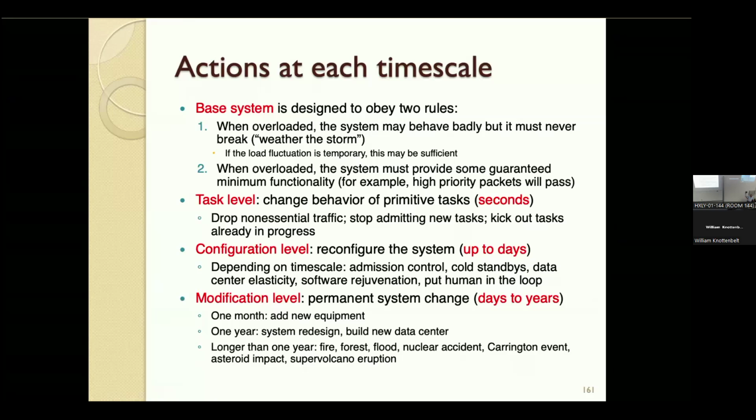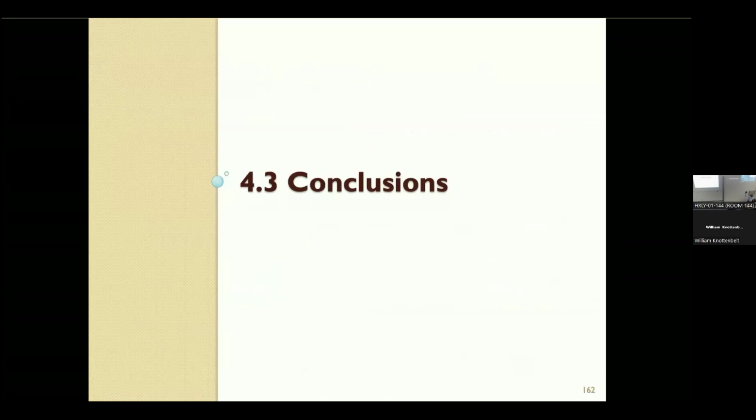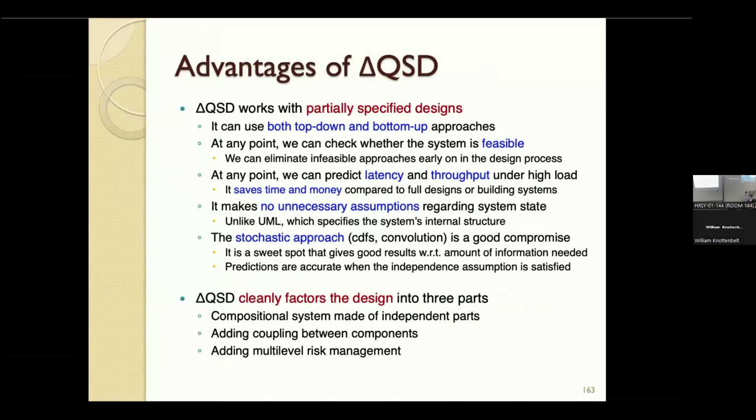Okay, so now I've reached the end of the tutorial. Let me give a few conclusions about advantages and limitations. Advantages: partially specified designs, both top down and bottom up. You can check feasibility. You can predict latency and throughput, saving time and money. It doesn't talk about system state, doesn't assume anything, and it's a stochastic approach.